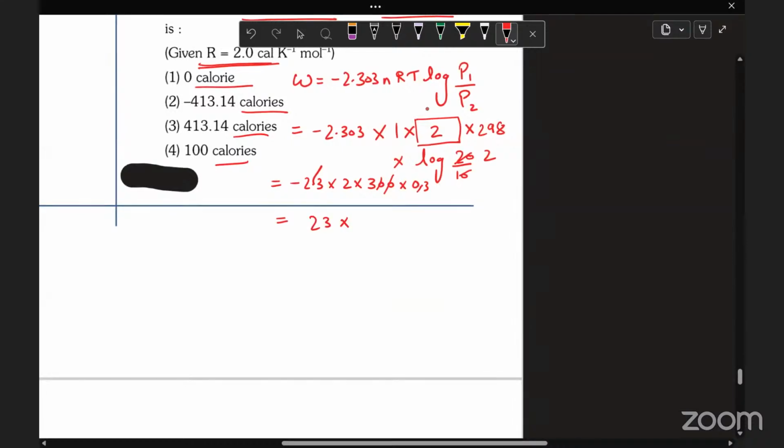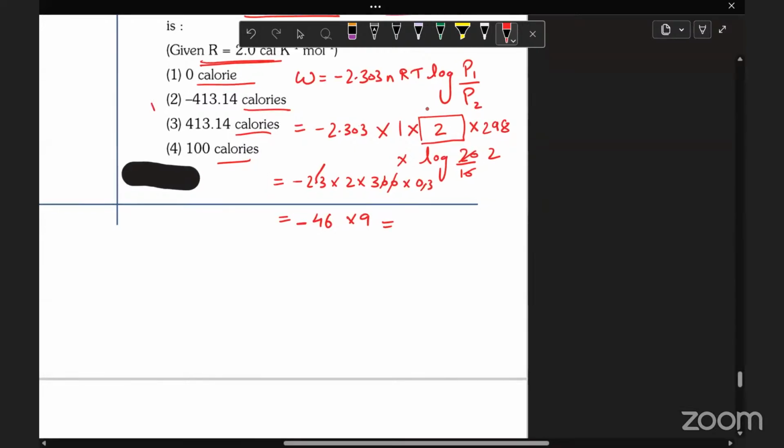This will be 46. Let me write directly 46 into 9. So with a negative sign, I can clearly tell you the answer is going to be option number 2 without even solving it. I know 46 into 10 is going to be 460. So the answer has to be less than 460, somewhere close to 420.